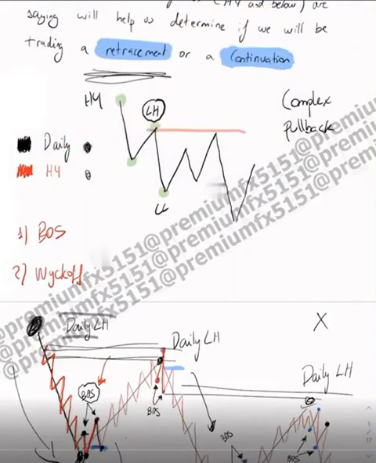So I don't care that this point creates a new higher high compared to this one, because this is just a complex pullback. I really need to break my last lower high structural point that created my lower low to no longer be in a bearish scenario. You will see this happening a lot of times.